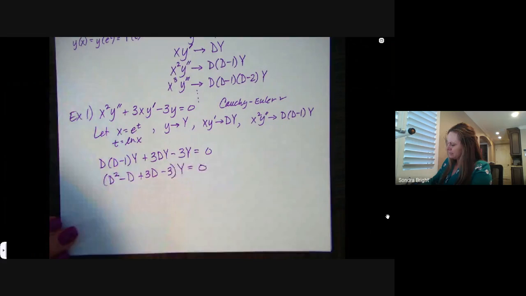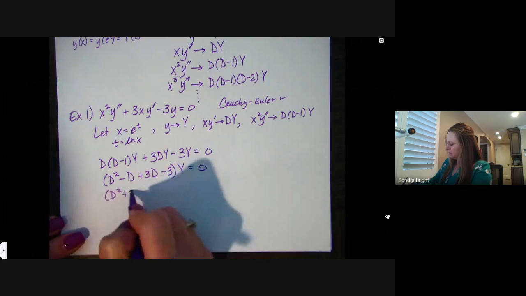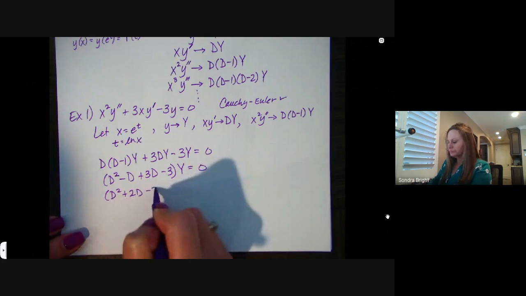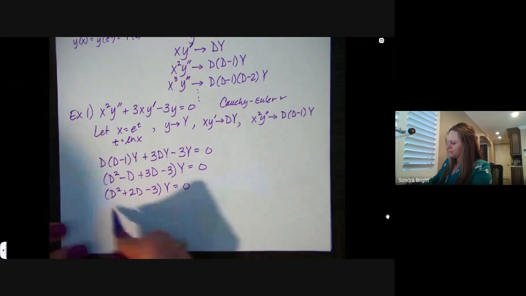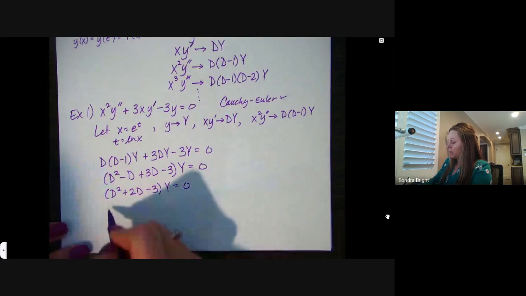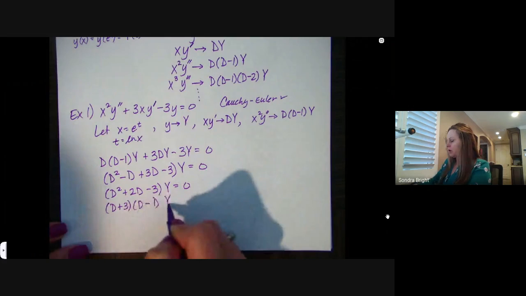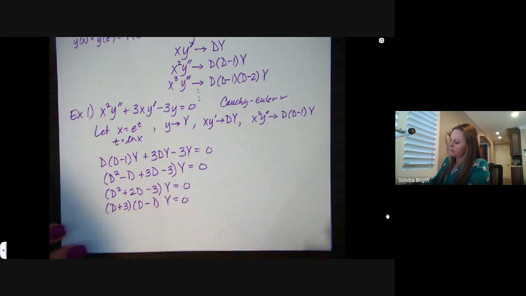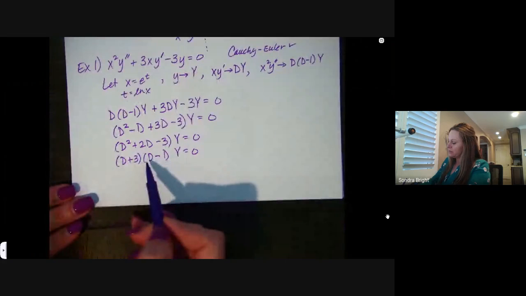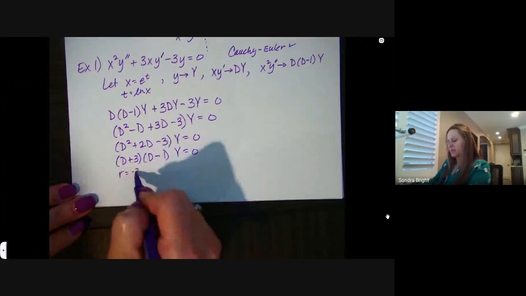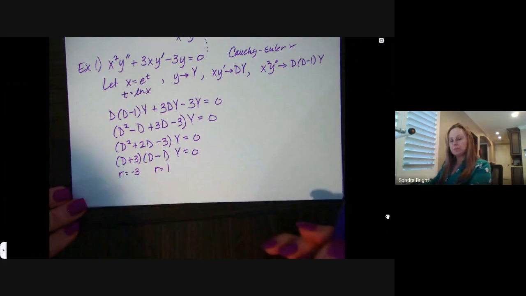And then this gives you d squared plus 2d minus 3 operating on Y. And then that factors as a positive 3 and a negative 1. You remember our auxiliary equation would be solving for when this is 0. So this one would give me a negative 3 as my root. This one would give me a positive 1 as my root. Both of them have multiplicity of 1.